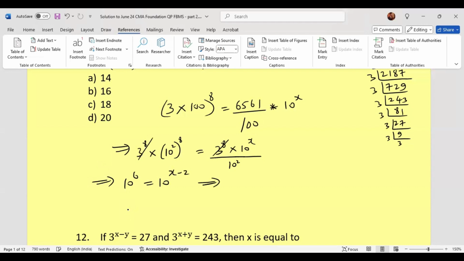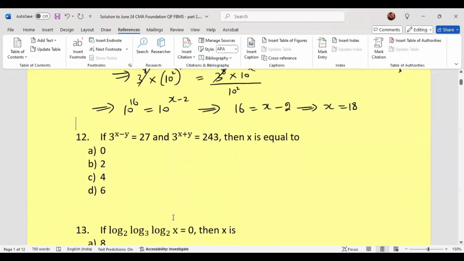Base is common in the left-hand side and right-hand side, which means we can equate the indices. So 6 is equal to x minus 2, which means x is 8. I think I made a mistake. This is not 6, this is 16, sorry. So 18. So the option is C.